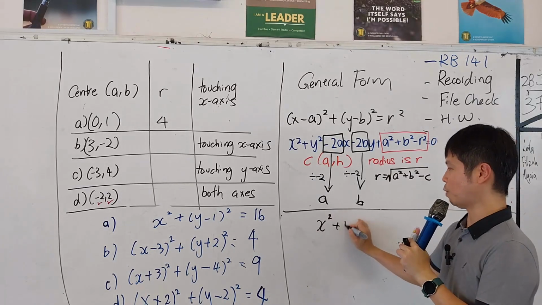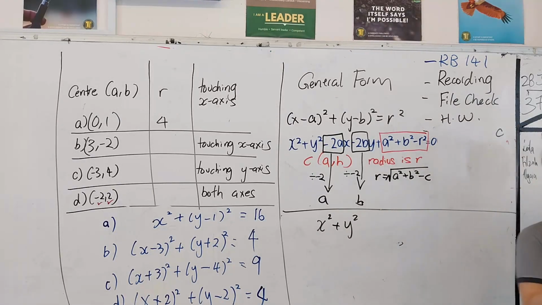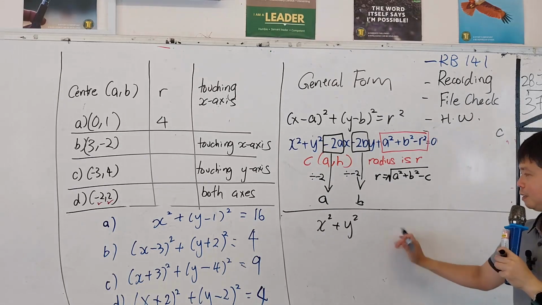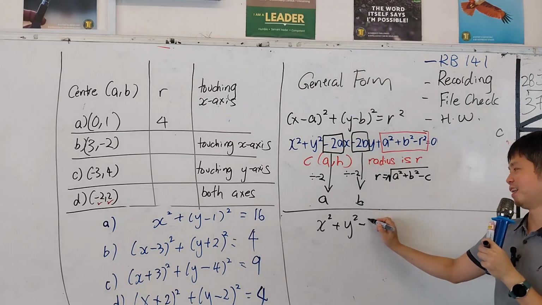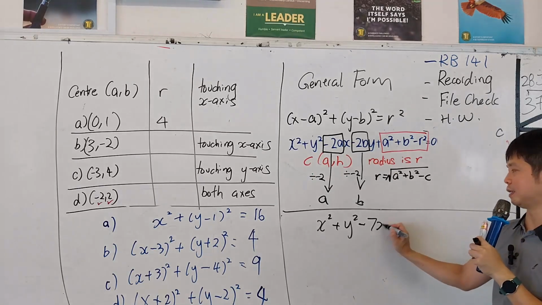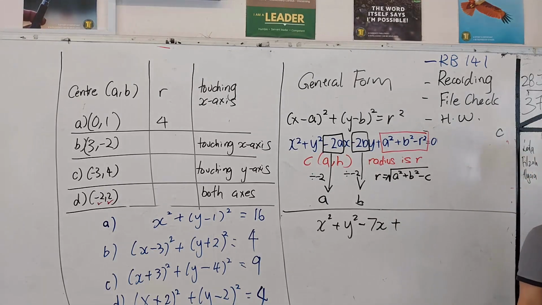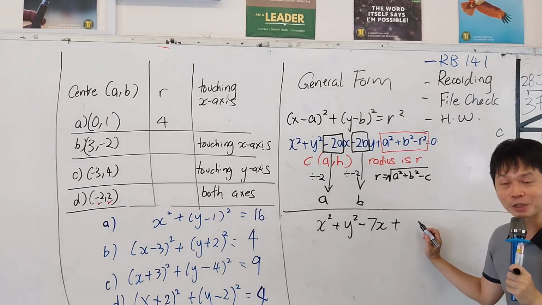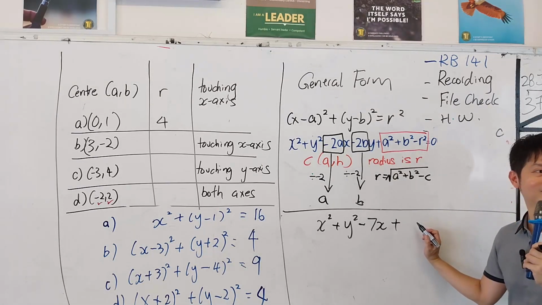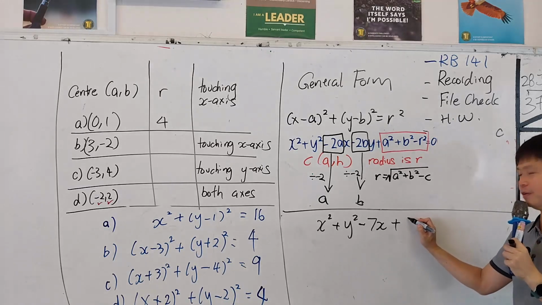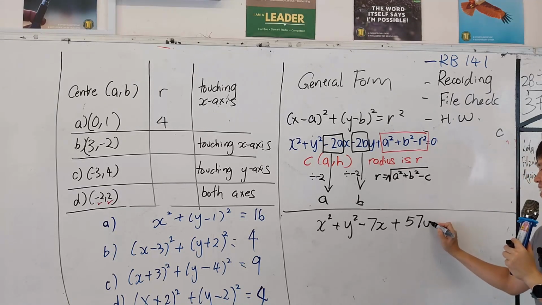x squared plus y squared. Okay, give me a number that you like. Any number, come. 7, plus or minus? Minus. Okay, minus. This one minus, the next one plus. What other number do you like? 6, 47. This is 6 or 47? 57. That's right.